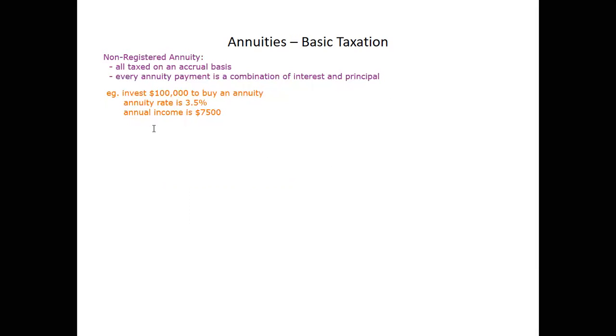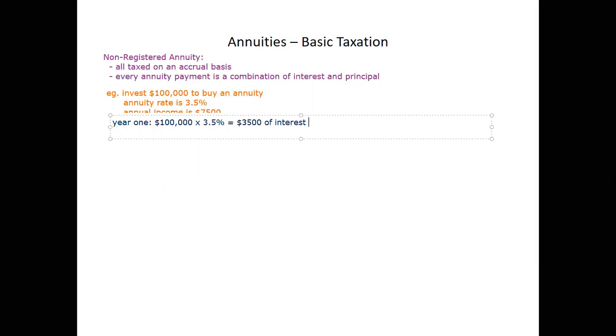So in year one, very simple, you've got $100,000 times 3.5%, you've got $3,500 of imputed interest. That's what's going to be taxable.